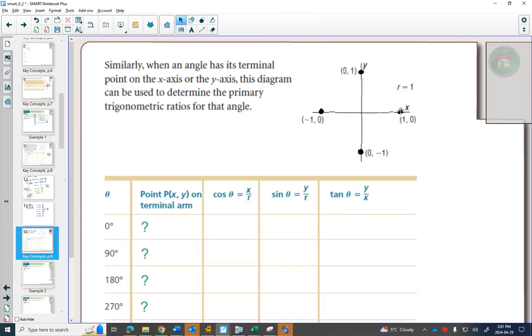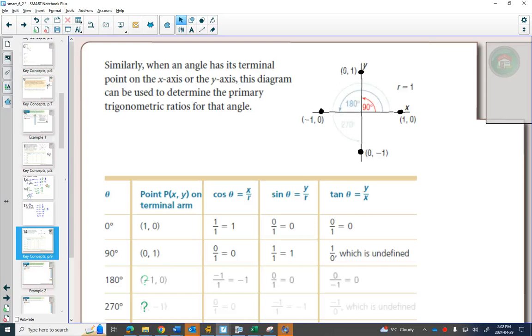But despite this, we can still figure out cos of 0, sine of 0, and tan of 0. Cos of 90, sine of 90, and tan of 90. If we imagined a triangle, even though it's impossible to draw. So these are another 4 angles that we need to know without a calculator.